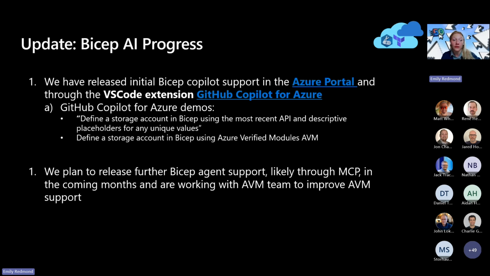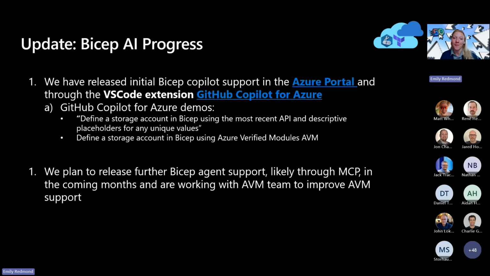Now, where are we going in the future with Bicep AI support? Our team's plan as of now is to focus on agent support for Bicep. And we will likely do this through the MCP protocol. What is still in the works is where we will serve or host this and how you can access it.